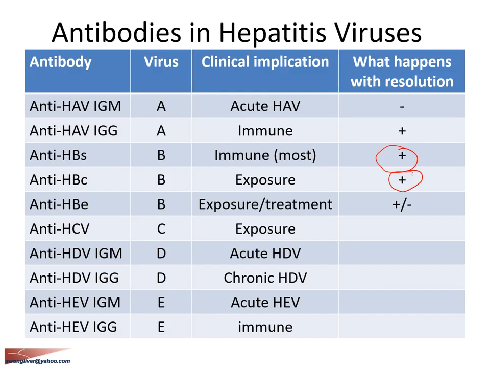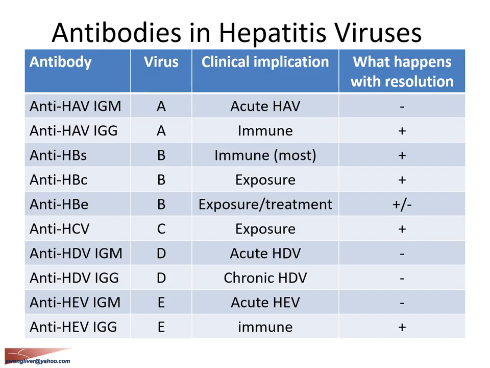Unlike in patients with vaccination, the anti-HBc should be negative, but you have anti-HBs. What about hepatitis C? So anti-HCV, as I mentioned, it's just a marker of exposure. It's not a protective antibody. So in patients with resolution, the anti-HCV is still positive.